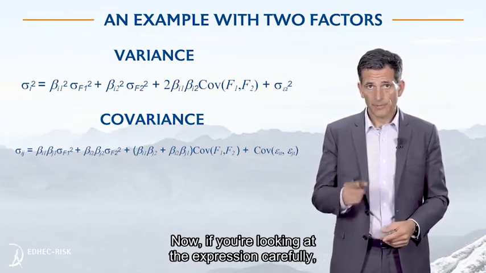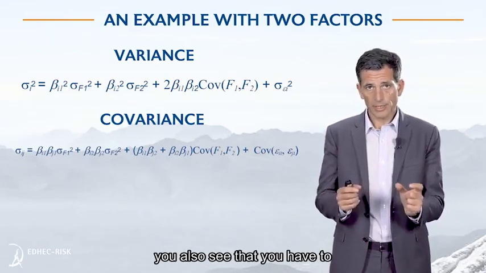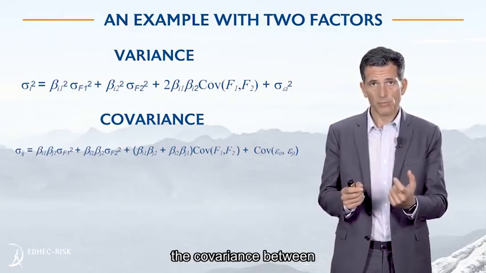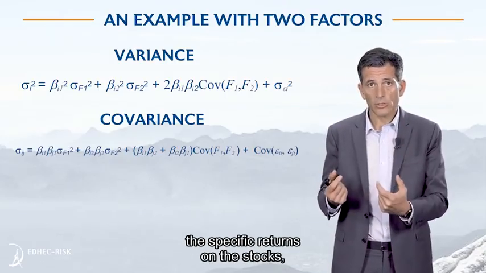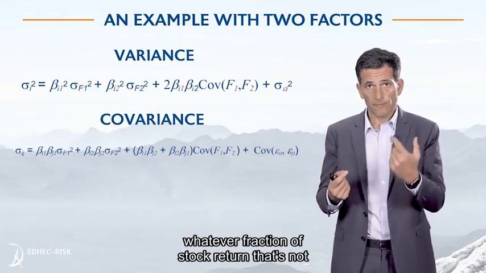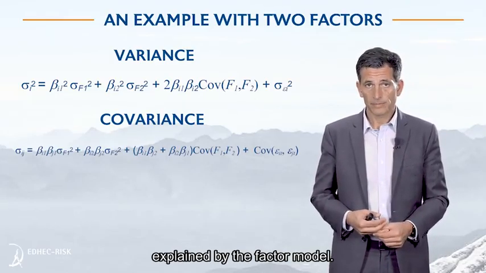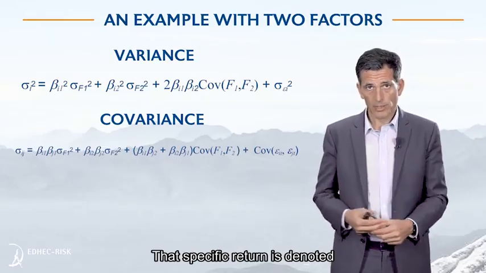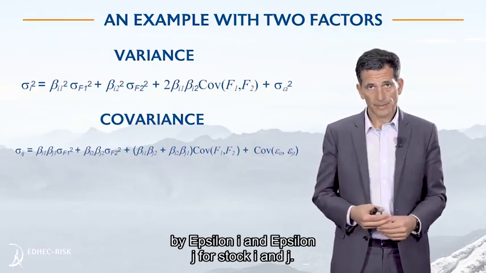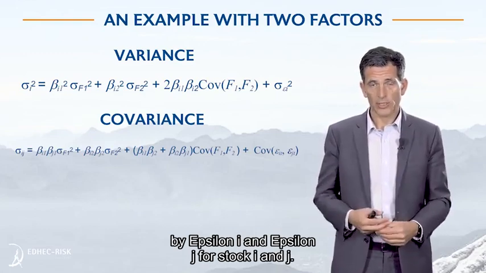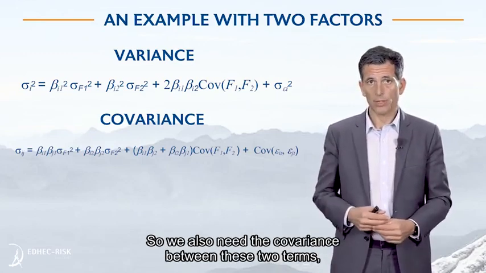Now, if you look at the expression carefully, you also see that you have to deal with the covariance between the specific returns on the stocks, whatever fraction of stock return is not explained by the factor model. That specific return is denoted by epsilon i and epsilon j for stocks i and j. So we also need the covariance between these two terms.